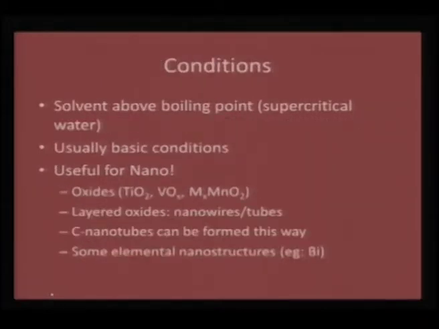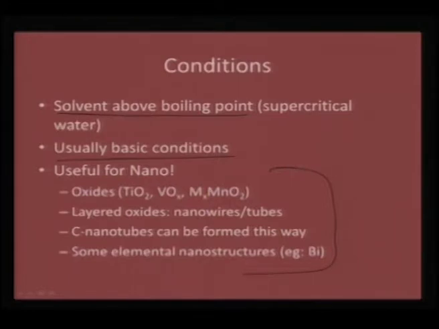Now, what are the conditions? Solvent, whether it is water or any other solvent, is taken to its boiling point, and usually some basic solvents are also added, like sodium hydroxide, potassium hydroxide. So, most of the reactions are done in basic conditions, and this particular method is also used for making nano oxides.